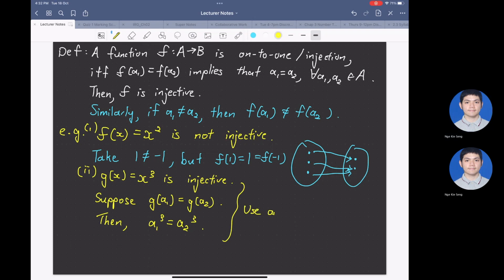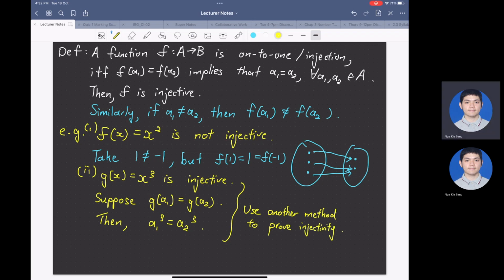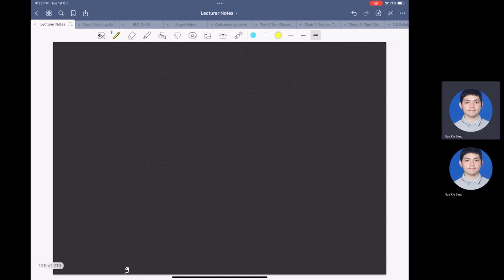Use another method. Unless you know the number theory. Okay, maybe need to use this method here.